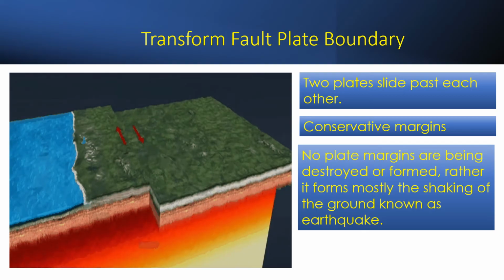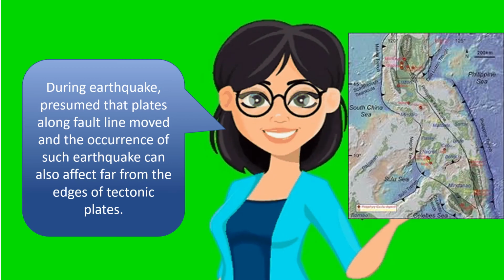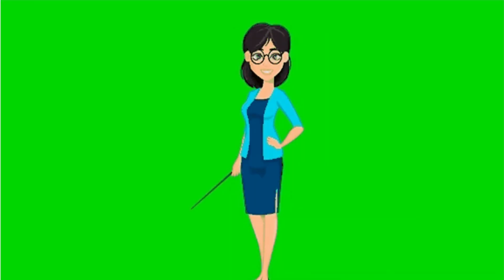Rather, it mostly causes the shaking of the ground known as earthquake. During an earthquake, plates along the fault line move, and the occurrence of such an earthquake can also affect areas far from the edges of tectonic plates.